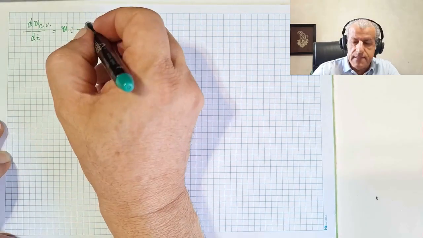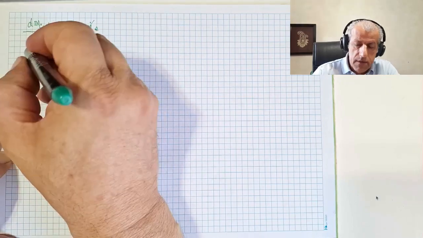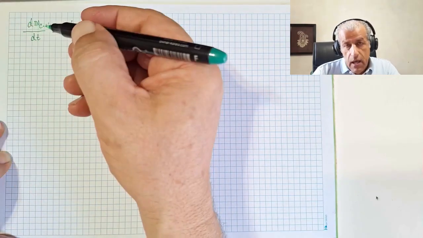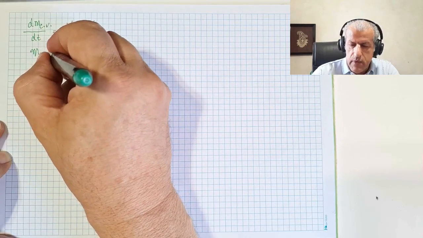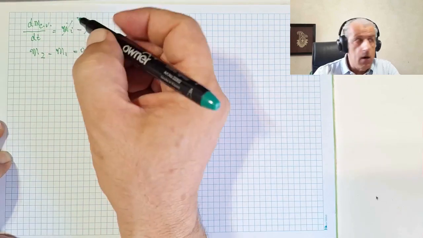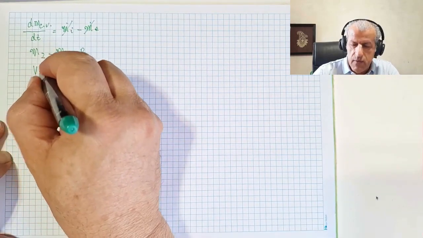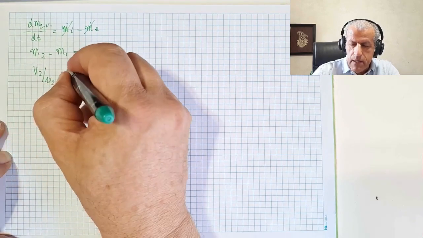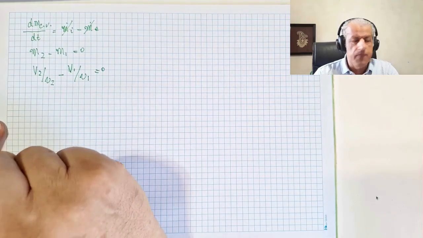And since nothing comes in and nothing goes out, then between initial and final condition, we learn that m2 minus m1 equals 0, or alternatively, write it as V2 over v2 minus V1 over v1 equals 0.